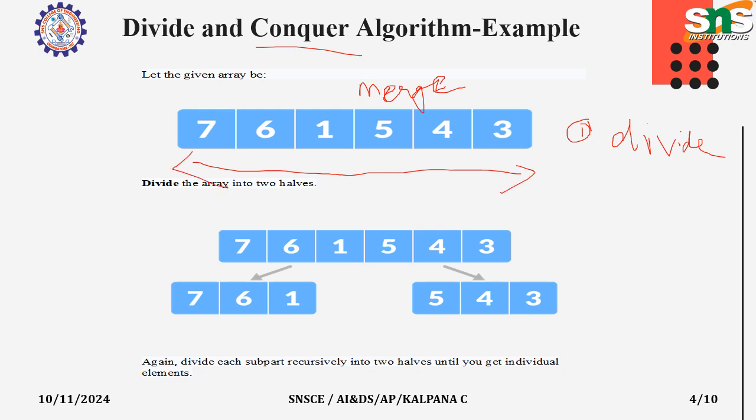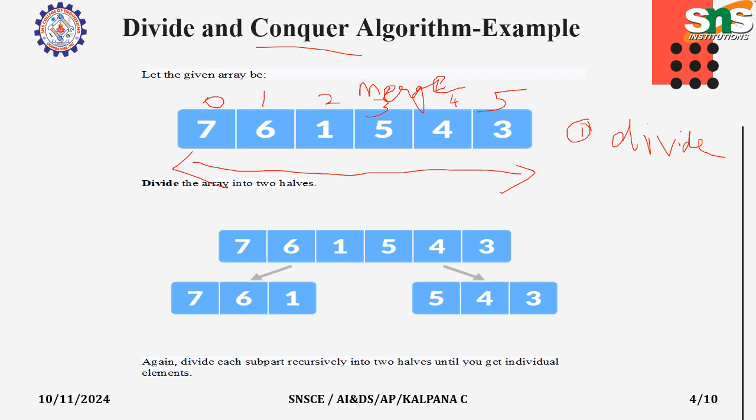How can I divide this array? I have to divide this array into equal halves. When I say equal halves, we must find the midpoint of the array. How will you find the mid position? The array starts from 0, 1, 2, 3, 4 and 5.